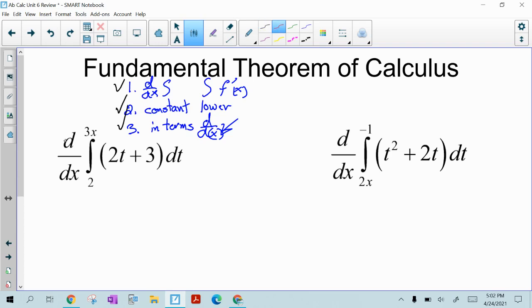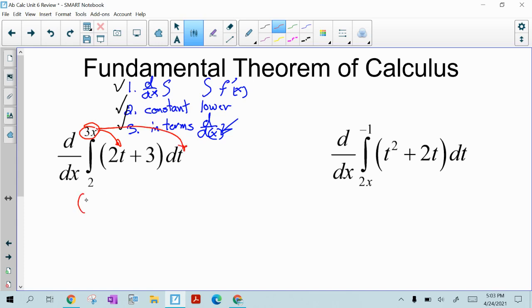I'm going to say, yes, I have the derivative of an integral. Check. Yes, my lower value is a constant. Awesome. And yes, this is in terms of x, as is that. So I can just use my fundamental theorem of calculus rule, which is to immediately take this, sub it into there, but then take the derivative of it outside.